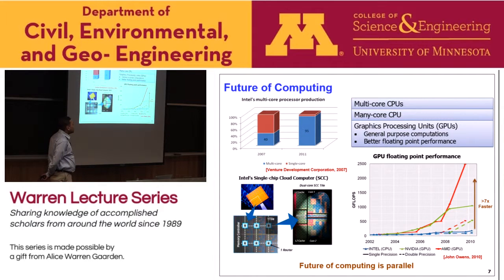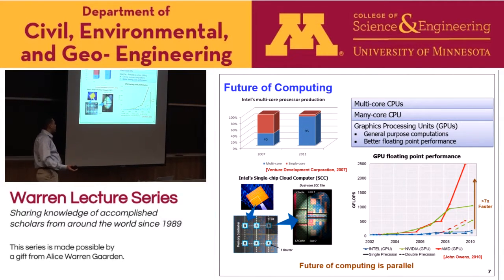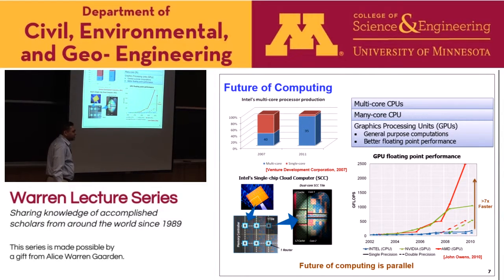And even if you look at double precision, the GPUs were almost 4 to 5 times faster in terms of floating point performance. But what that means is that you want to design your algorithms and software to be able to run on these parallel systems. So you need to develop parallel algorithms right from the start.